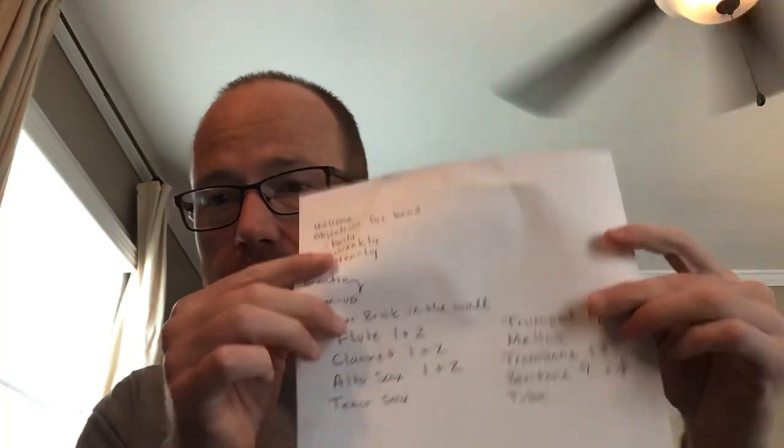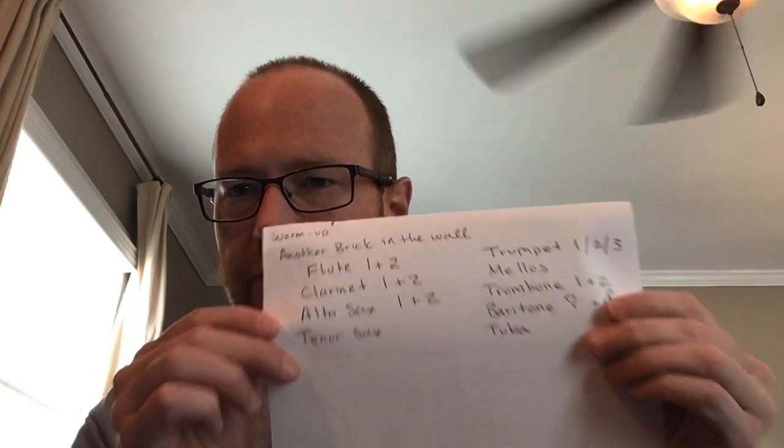If you have not watched the first e-learning video, you need to turn this off right now and go back to the first one before you start doing this one. Okay? All right, so like we did last week, I am going to use my sheet, this sheet here, and we will go through these different parts.